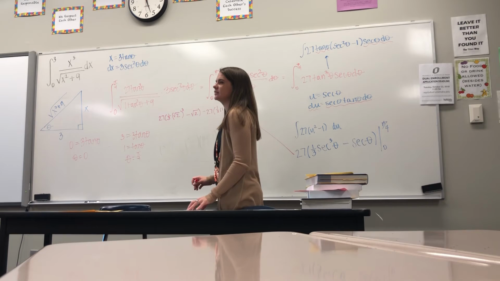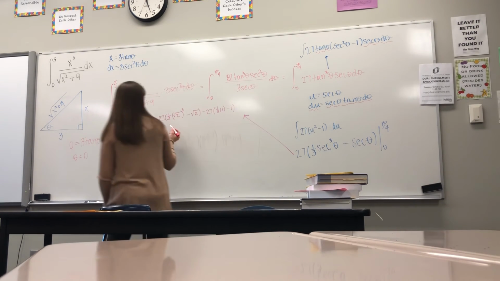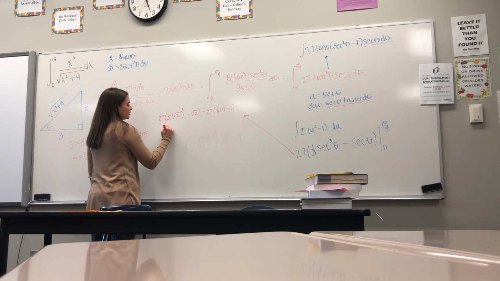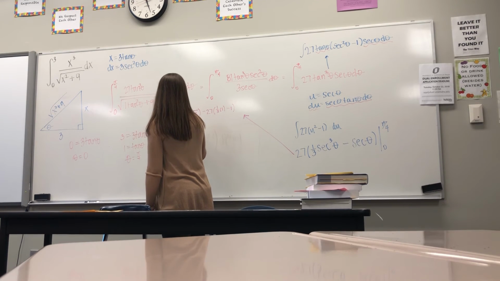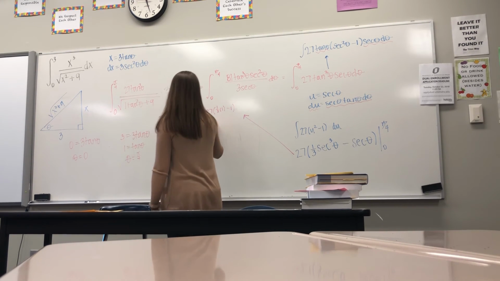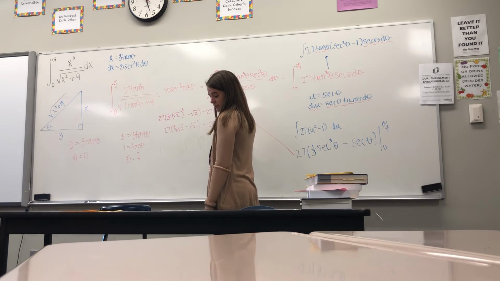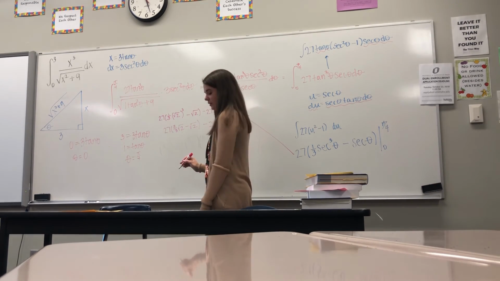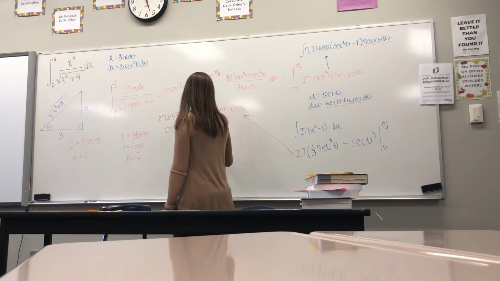You mean cosine and sine? Yeah, that's what I meant. So this would be 27 times 2/3 radical 2 minus radical 2, minus 27 times negative 2/3. So we end up with 18 minus 19 radical 2.